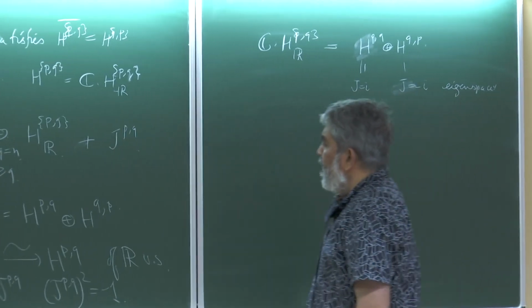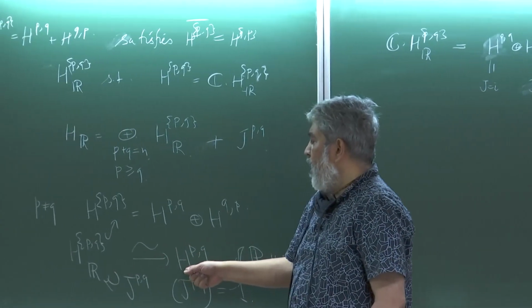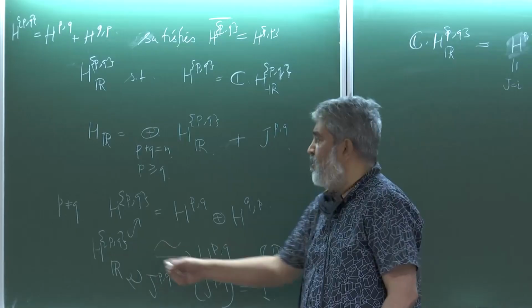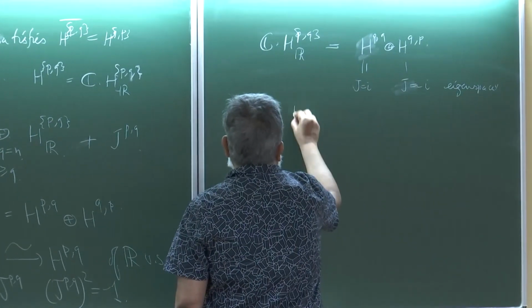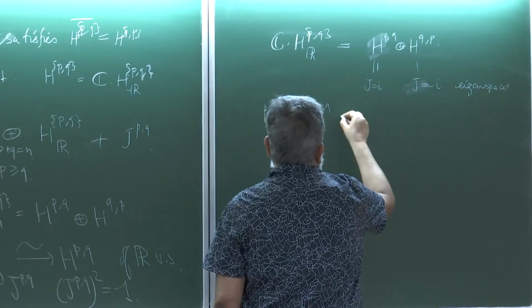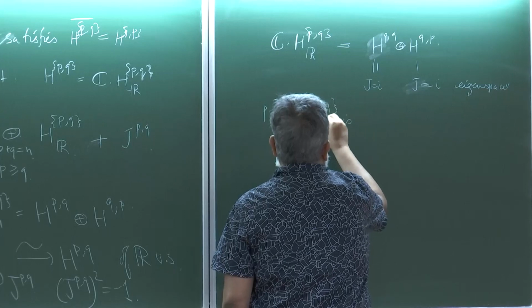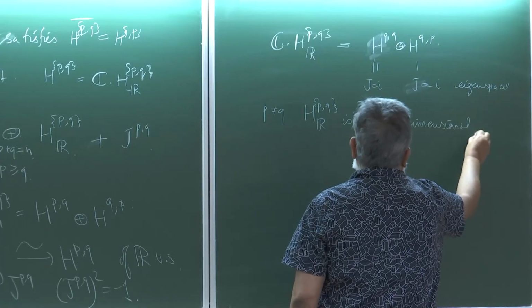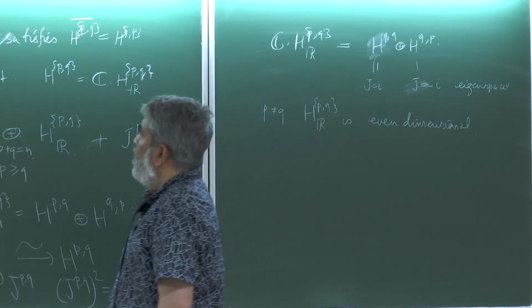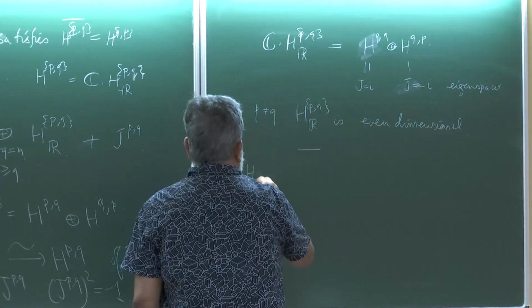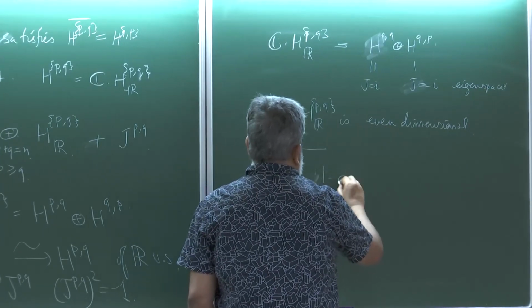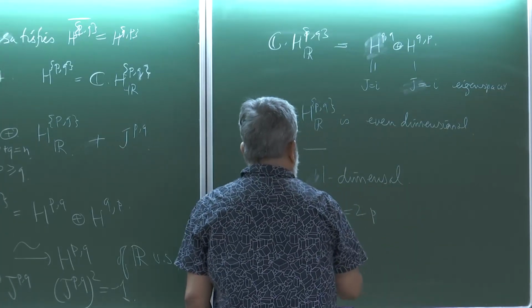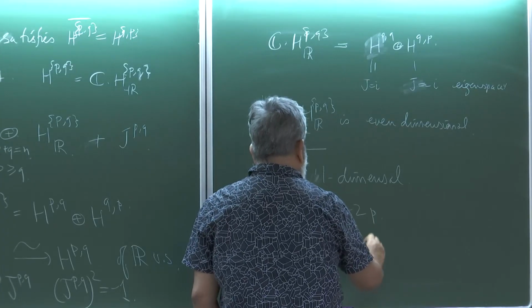But anyway, this is useful. Note that the fact that this is an isomorphism and this is a complex vector space means that as a real vector space, this is 2n-dimensional. So this is even dimensional when P is not equal to Q. So for P not equal to Q, H^{PQ}_R is even dimensional. And so that means that if H_R is one dimensional, this means that n is twice P and H_R is equal to H^{PP}.